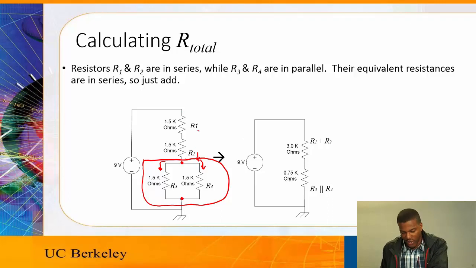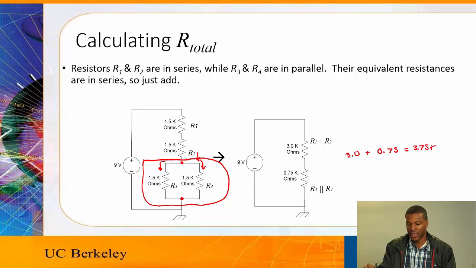R1 and R2 combined, and R3 and R4 combined, and now we're left with just two resistors that are in series. So to find the equivalent resistance of these two, we just add 3 plus 0.75, and we get 3.75k ohms for our final answer.